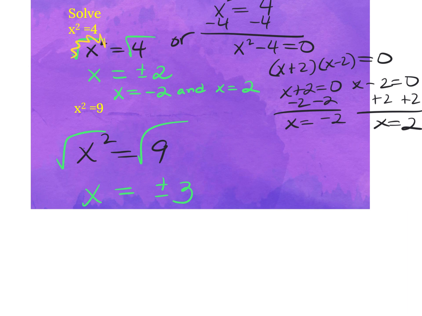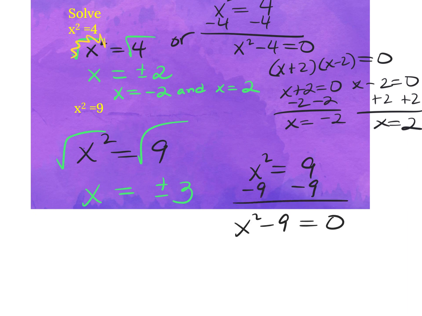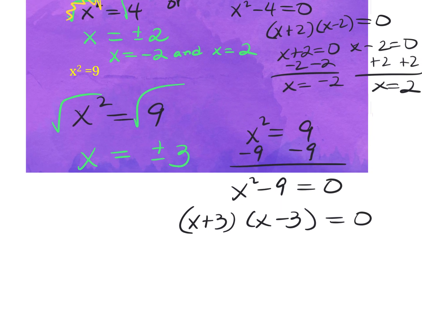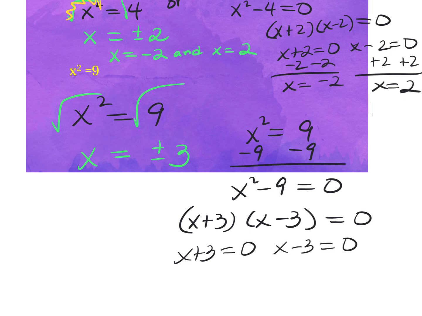Now, the other way to do this same problem would be to subtract the 9, turn it into the difference of two squares, and then factor it into x plus 3, x minus 3. Set each of the factors equal to 0. Solve for each.